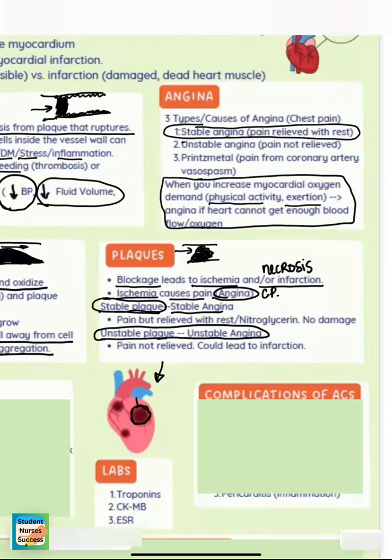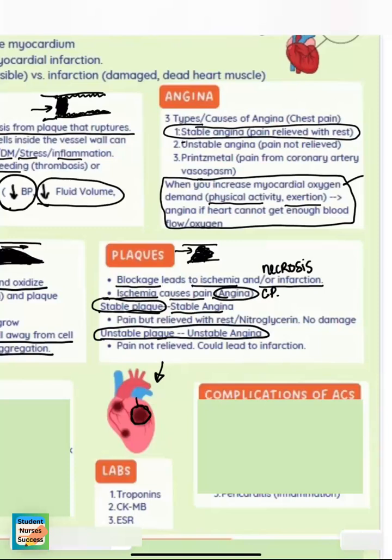So as we increase our myocardial oxygen demand, we have a fully blocked artery. And so we're getting ischemia, but because that artery is pretty well blocked, it's not going away when we rest because there's still no blood flow.